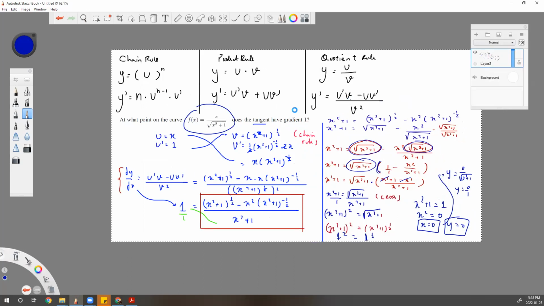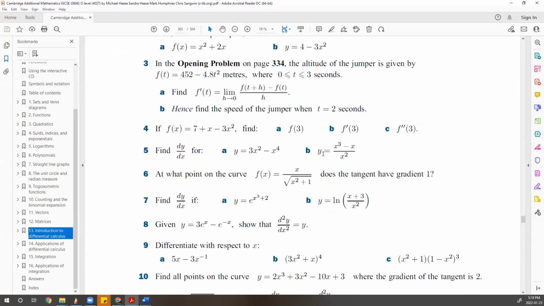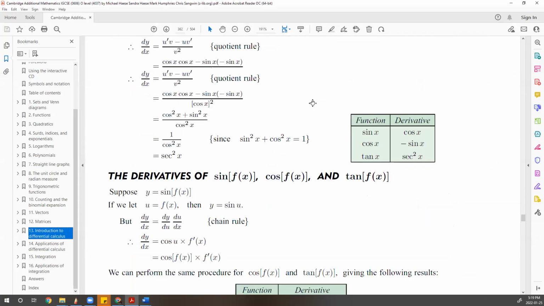Also, can we do the exercise 13G number 4? Sure, 13G number 4, yeah. Wait, I am copying this to Microsoft Word. Wait a moment. 13G number 4.